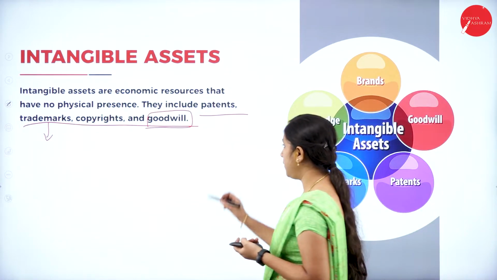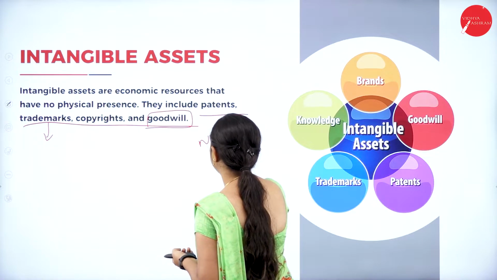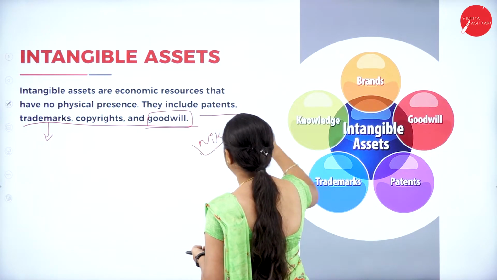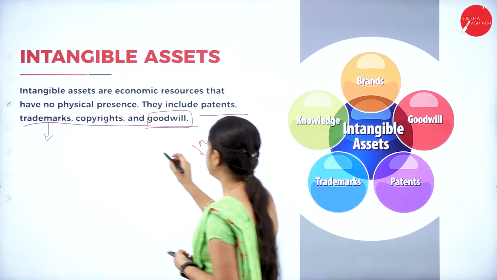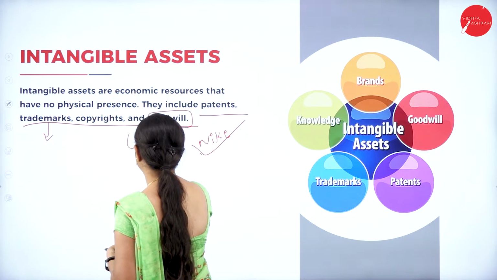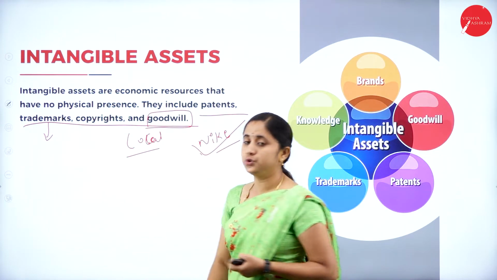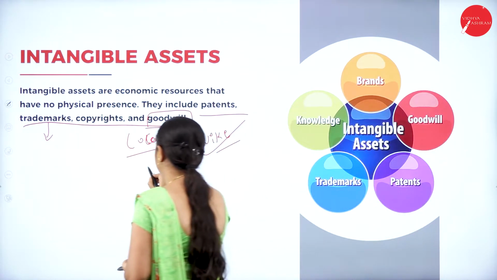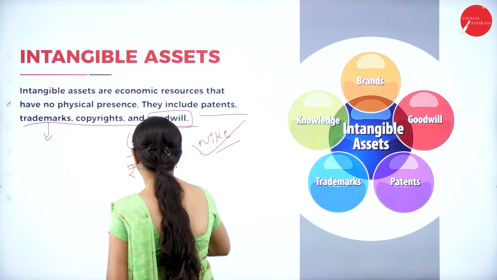For example, Nike shoes and local shoes. You have two types of shoe. For the local shoe, the cost is 500.